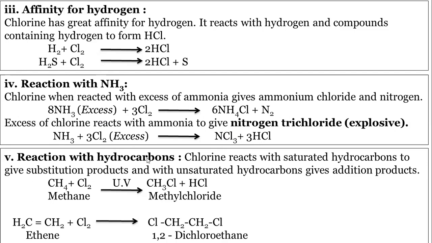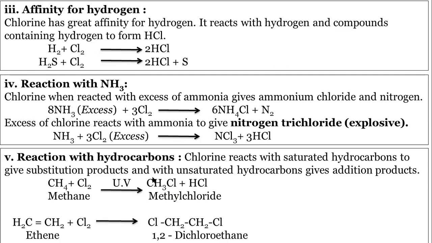Then reaction with hydrocarbons. When chlorine reacts with methane and with ethane, in halogen derivatives, these reactions were also covered. This is a free radical mechanism reaction: when methane reacts with chlorine in the presence of UV radiation, it gives methyl chloride. We can't get a single product.